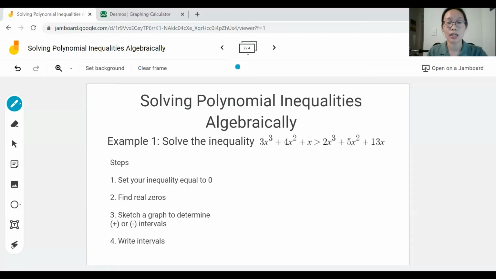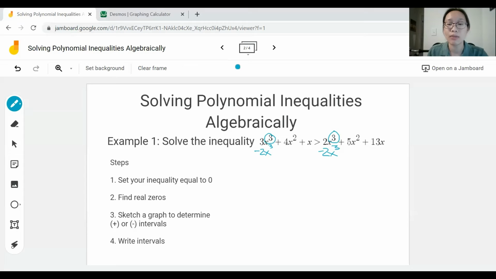Let's start with setting our inequality equal to 0. To do that, I'm going to look at my highest degree exponent, and I see that I have a 3x cubed and a 2x cubed. I want my leading coefficient to be positive, so I'm going to subtract the 2x cubed, bringing it from the right side to the left. This is a personal preference, but I find it less confusing to deal with positive leading coefficients.